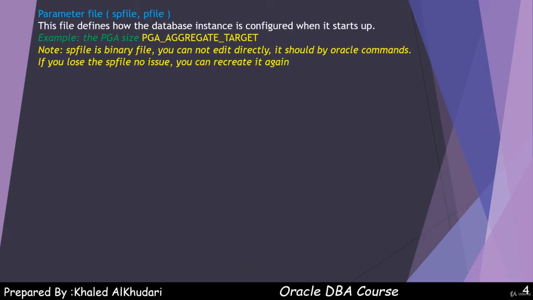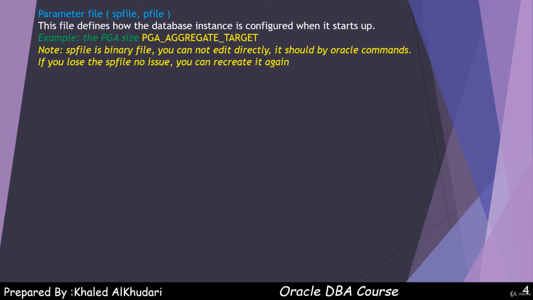Okay, let's continue. We also have the parameter file. We have 2 types of parameter file, SP file and P file. Don't worry, we will understand these in detail. The parameter file defines how the database instance is configured when it starts up. So it contains parameters like, for example, PGA aggregate target. It contains all this information that is very important for the instance.